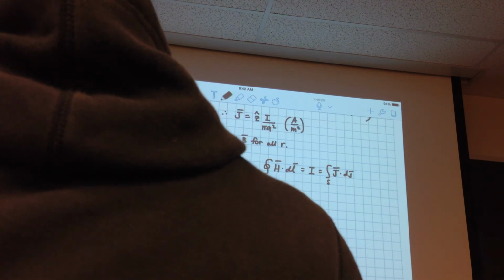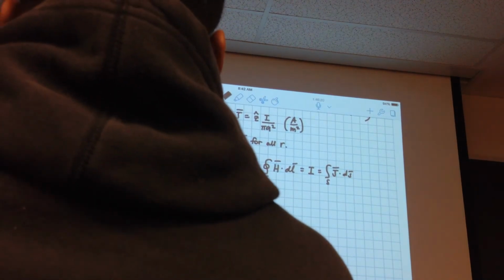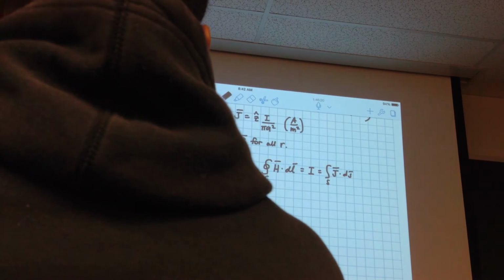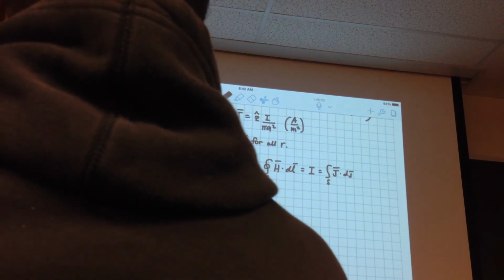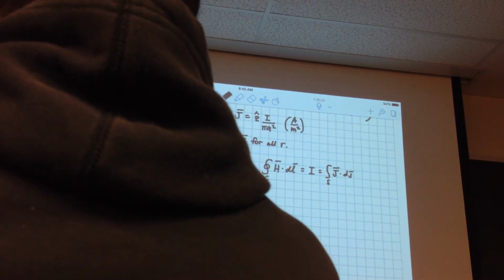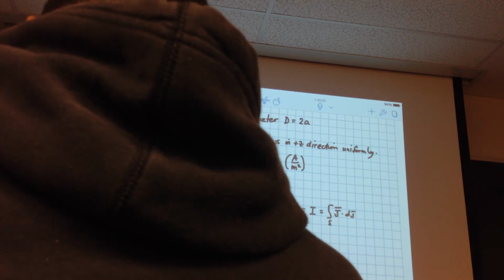And then we integrate. What are going to be our limits of integration here for this particular problem? If you look at the right-hand side, what we're trying to do is capture the current that is inside of our Amperian contour.